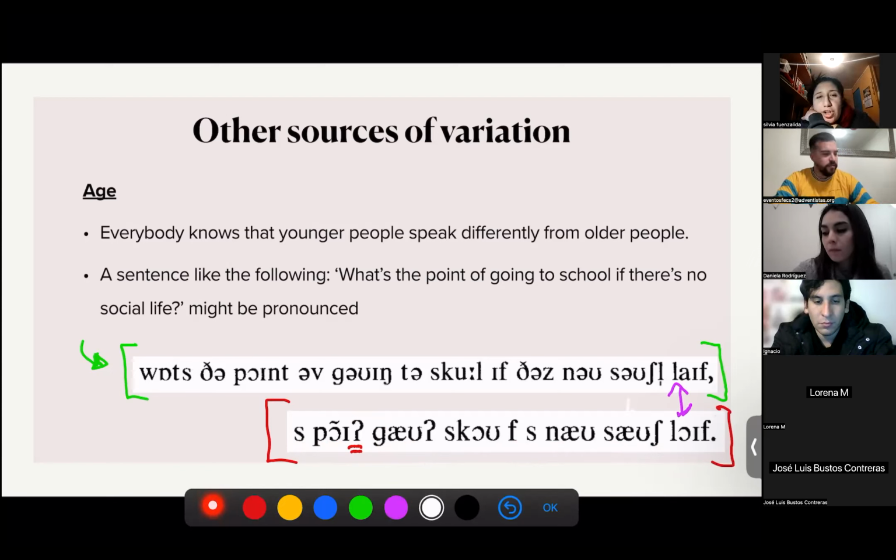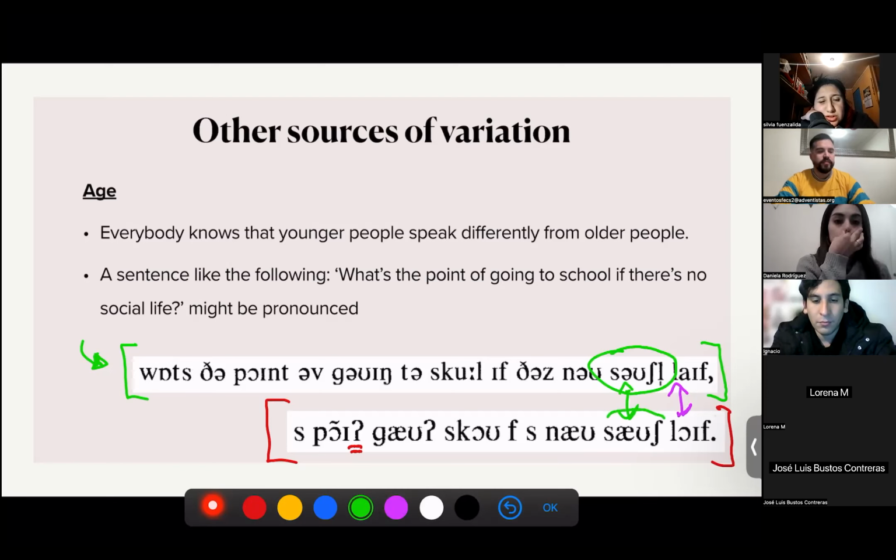Here you would see, sorry, let me get green. Here, for example, in the first one, we would say social. I pronounce the O, social, social life.